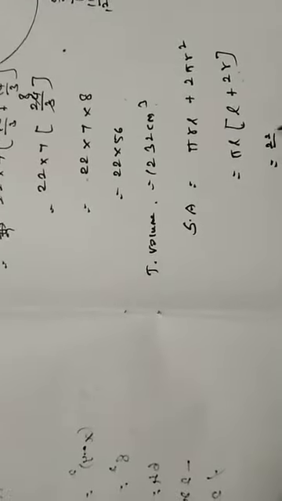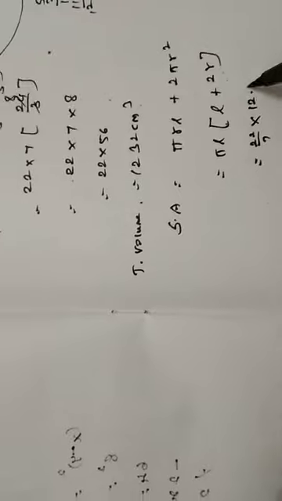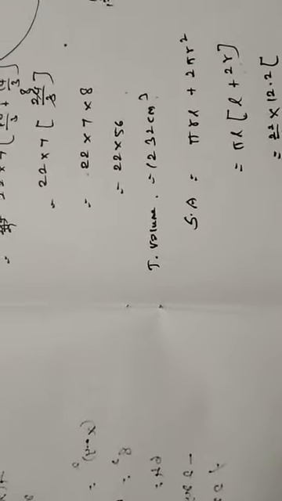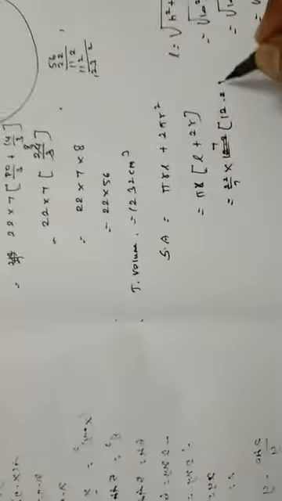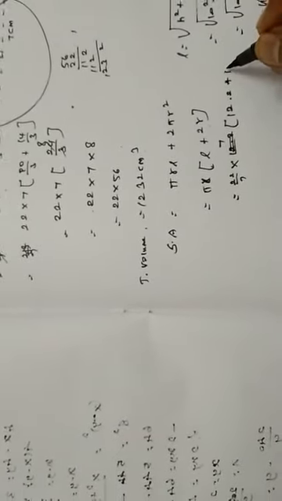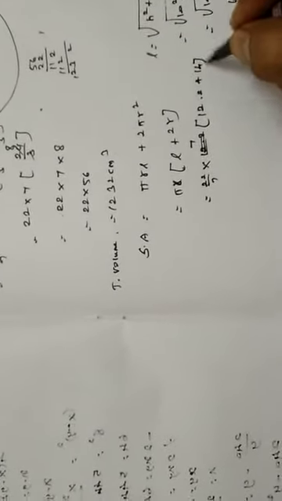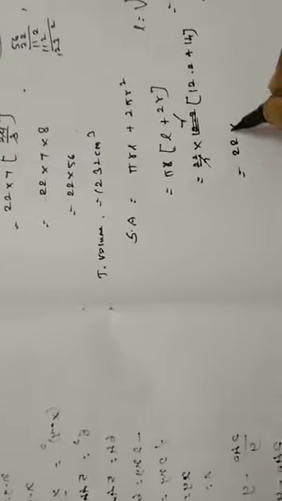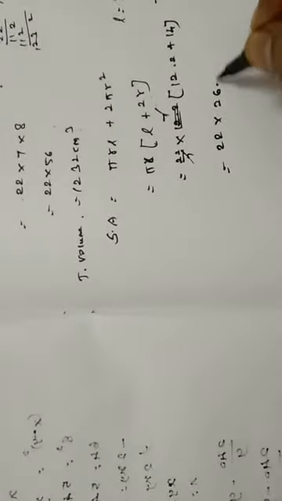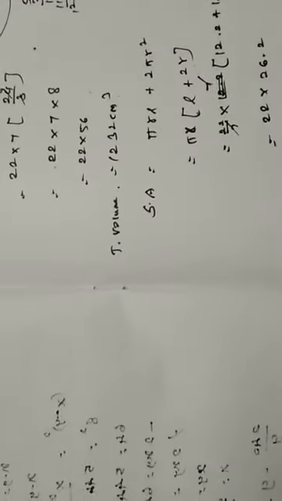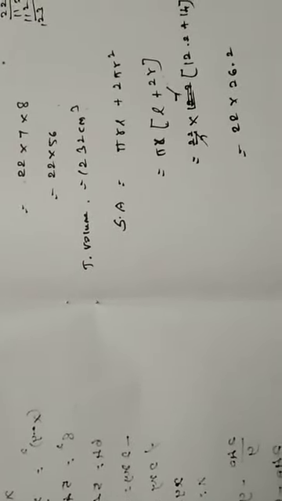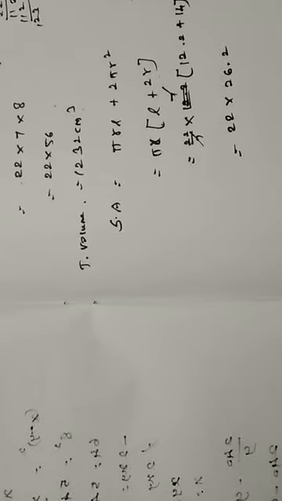So 22 divided by 7 into 12.2 into 7, 12.2 plus 2 into 7, 14. 7 we can cancel. 22 into 26.2. So 26.2 into 22.